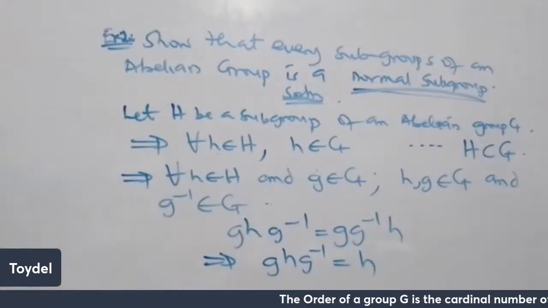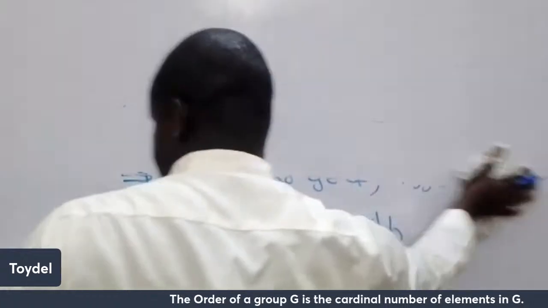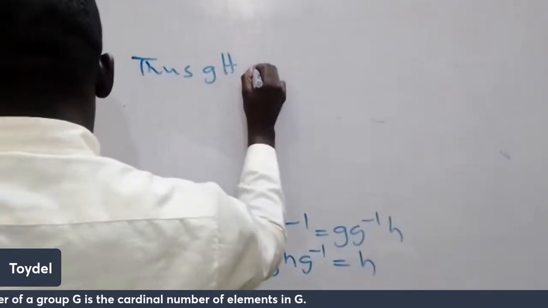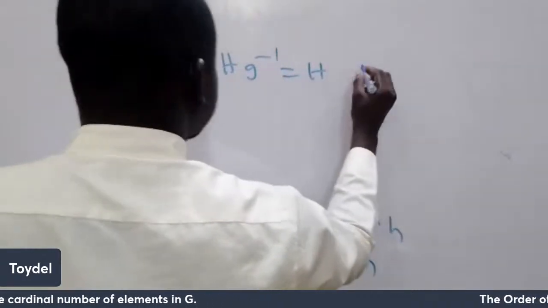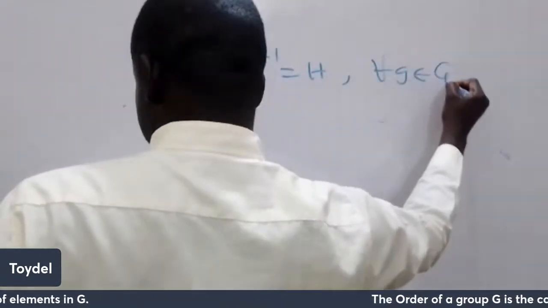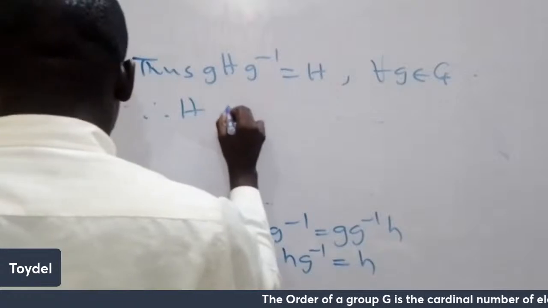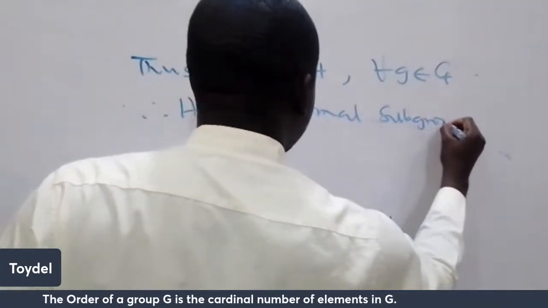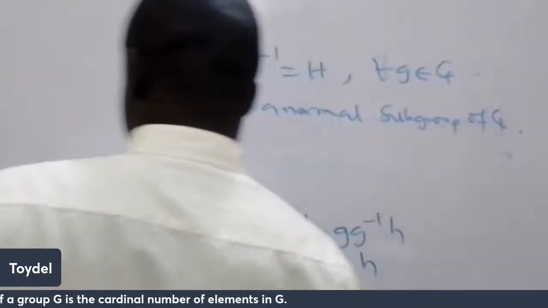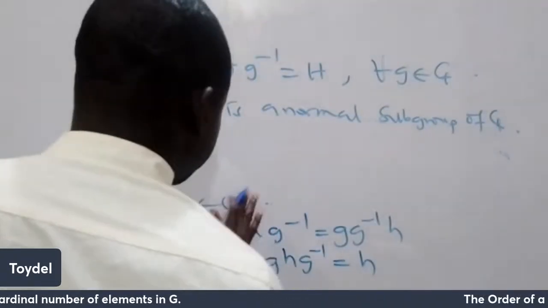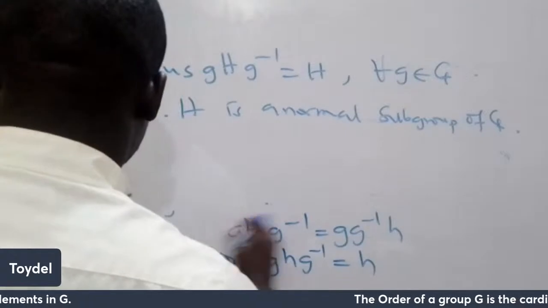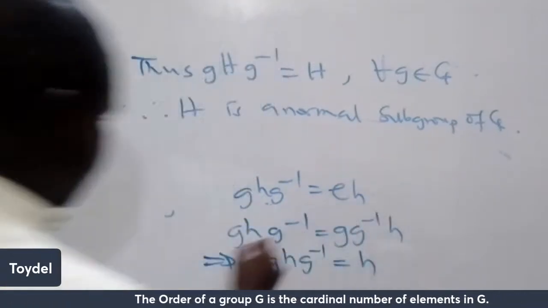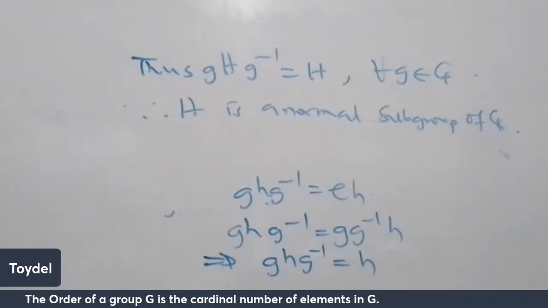Thus g inverse hg is equal to h for all g that belongs to G. Therefore, H is a normal subgroup of G. Because here, in this case, we have g inverse gh to be equal to eh before this step.